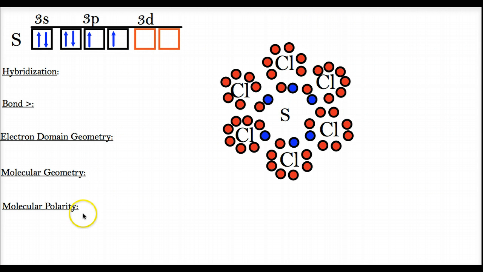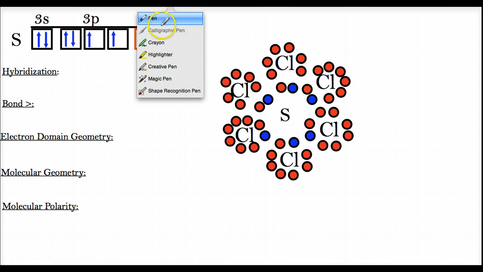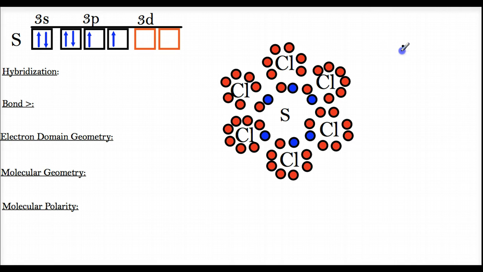So the final and last VSEPR type of shape, major shape, denoted by the type of hybridization, would be something like this compound, which would be sulfur hexachloride. All right, notice the sulfur in the middle, and notice if we count pairs of electrons, 1, 2, 3, 4, 5, 6, we have 6 pairs of electrons surrounding the central atom.